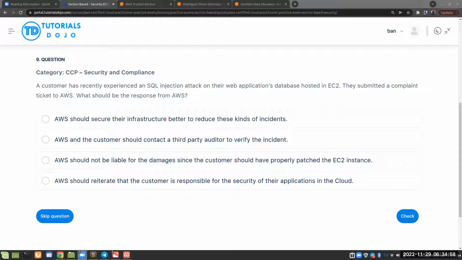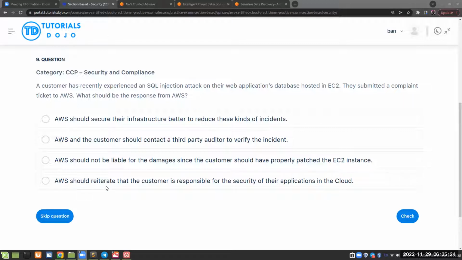So let's start with the question answers. AWS should secure their infrastructure better to reduce these kinds of incidents. AWS and the customer should contact a third-party auditor to verify the incident, right? AWS should not be liable for damages since the customer should have properly patched the EC2 instance.